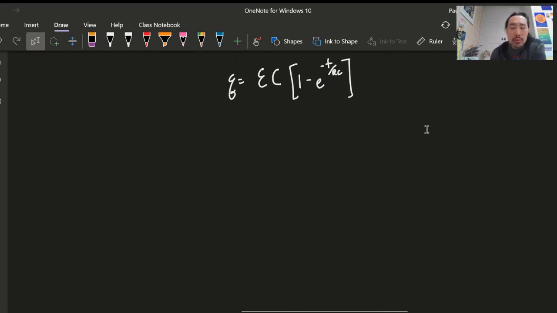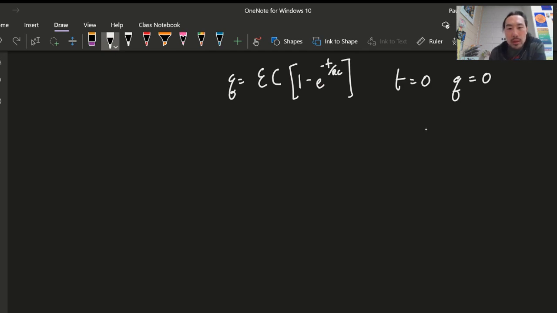So what we need to be able to do is create graphs from this, right? So when t is equal to 0, what we said is that the total amount of charge on the capacitor is going to be 0, right? There's nothing flowing yet. So let's see if this holds true.